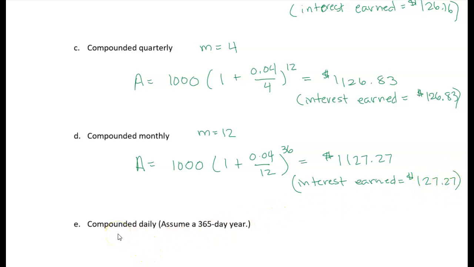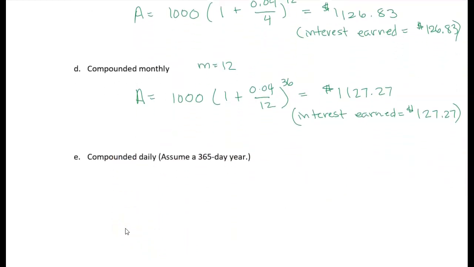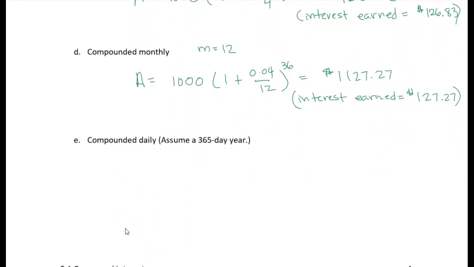All right, let's go all out here. Let's compound this thing daily and see what happens. Now we have 365 days a year, so m equals 365. The amount we accumulate is going to be the initial $1,000 investment times 1 plus 0.04 divided by 365 this time.